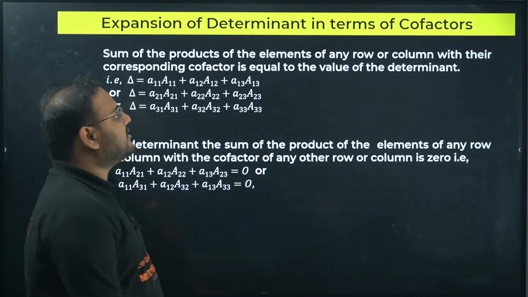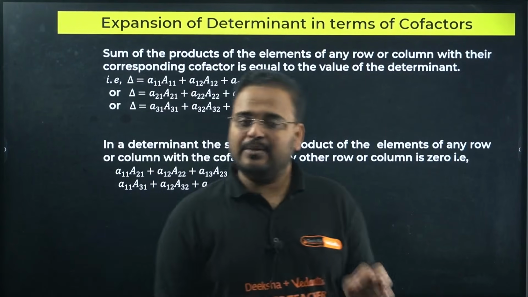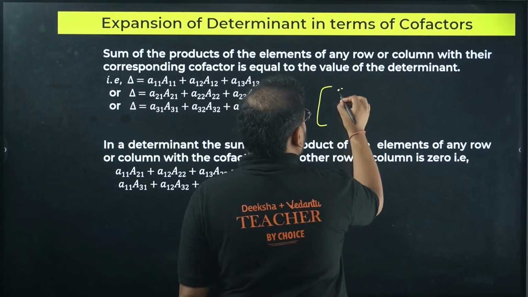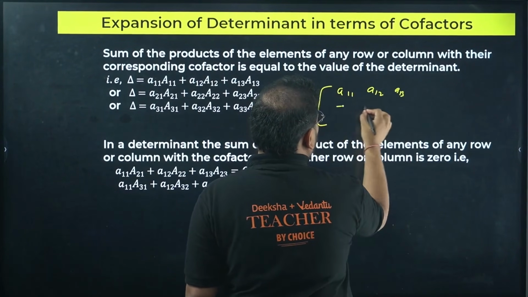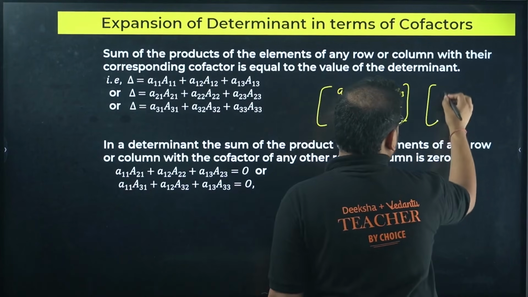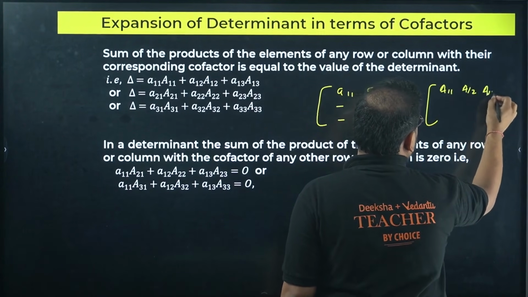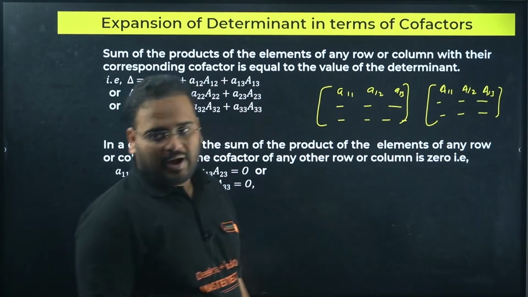Expansion of determinant in terms of cofactors. So if you use the same row's elements and the corresponding cofactors, small a11, a12, a13, and of course you know how to write the other 6 elements, and the cofactors also will be like this only: capital A11, A12 and A13, and of course you'll have the other 6 cofactors.